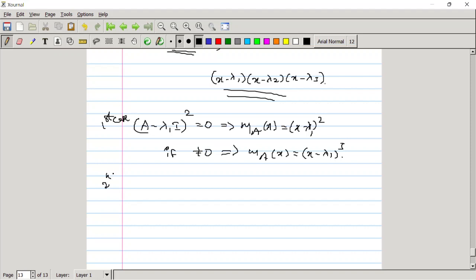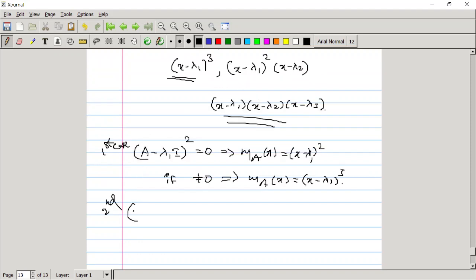In the second case, you just calculate A minus lambda 1 I into A minus lambda 2 I. If this is equal to 0, then the minimal polynomial is x minus lambda 1 into x minus lambda 2.